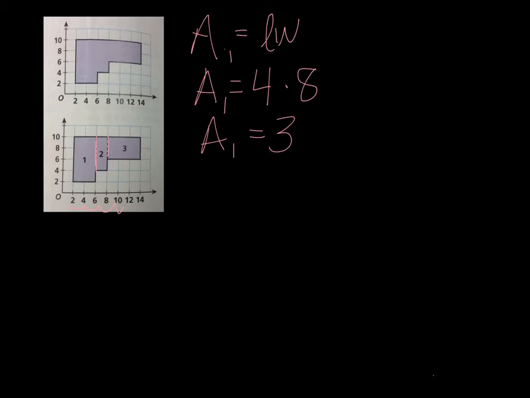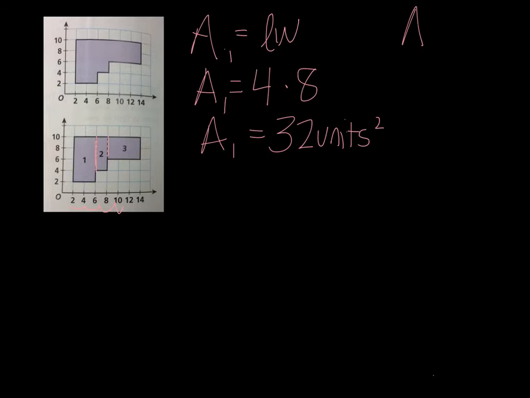So the area of figure 1 equals length times width. The width of this one goes from 2 to 6, so the width is 4 times the height, 2, 4, 6, 8. So the area of figure 1 is 4 times 8 or 32 units squared.